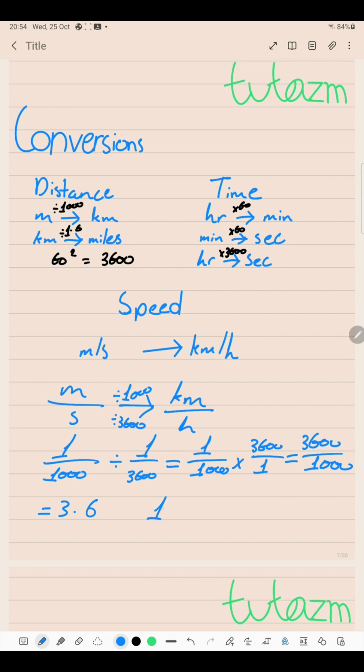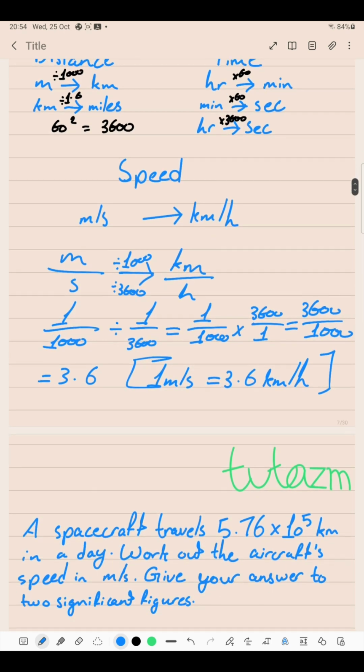So in 1 meter per second, there are 3.6 kilometers per hour. Again, you'll be better off learning this off the top of your head, because it can save you a lot of time in the exam, and the time in the exam is going to be quite precious.